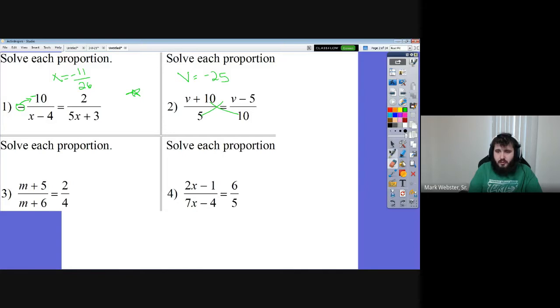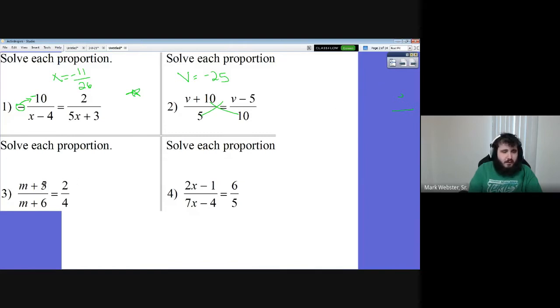All right, let's do the next one. We've got m plus 5 over m plus 6 equals 2 over 4. Once again, we are going to do our cross products. So we've got 4 times m plus 5 equals 2 times m plus 6.